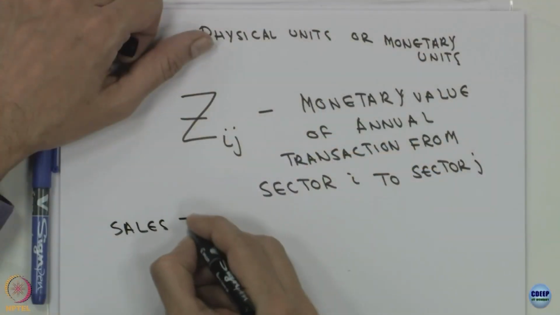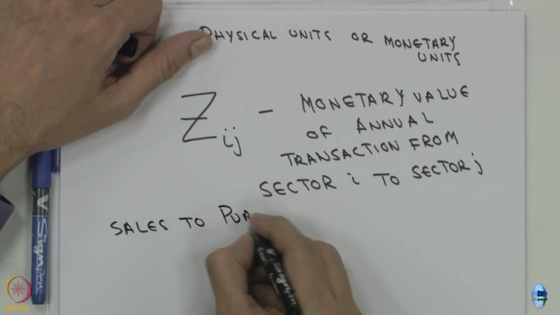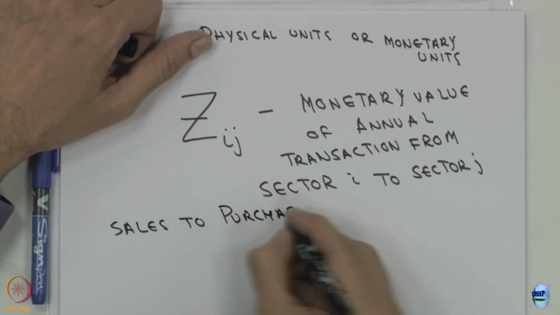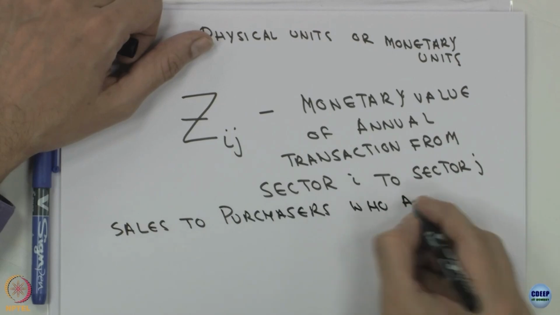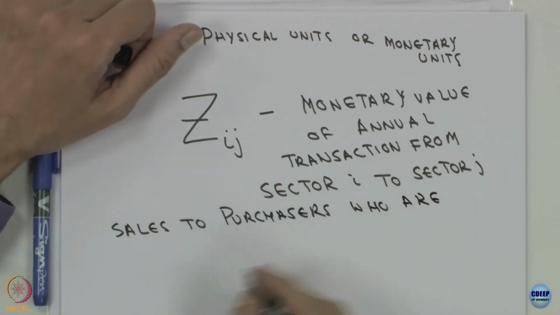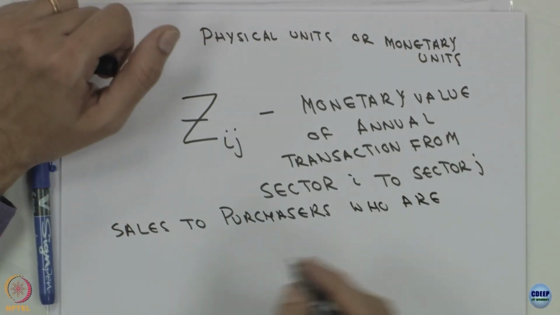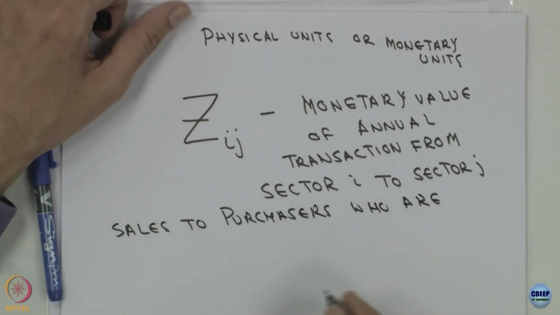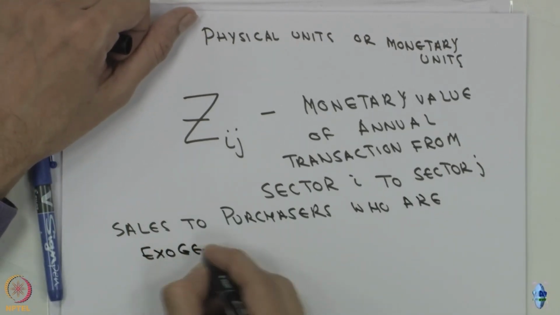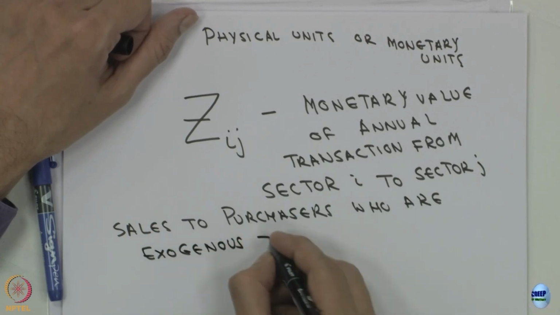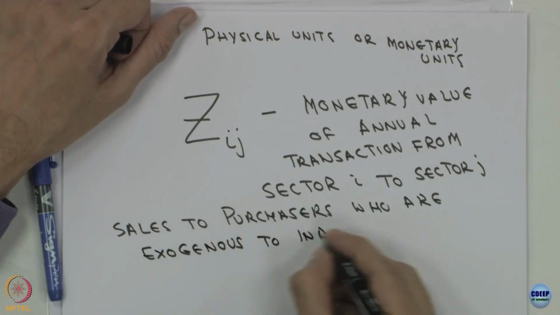In addition to this, there are sales to purchasers who are exogenous, that is, external to the industrial sector. That means purchasers who are not having any production, and that will be the final demand, exogenous to the industrial sectors.